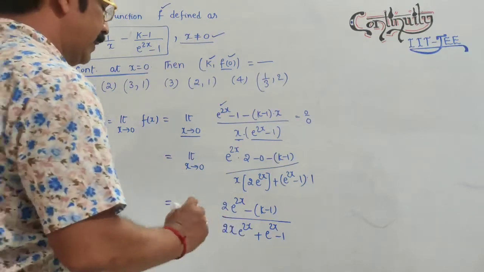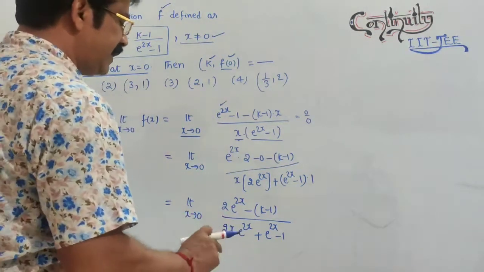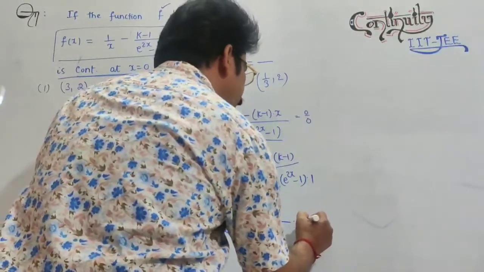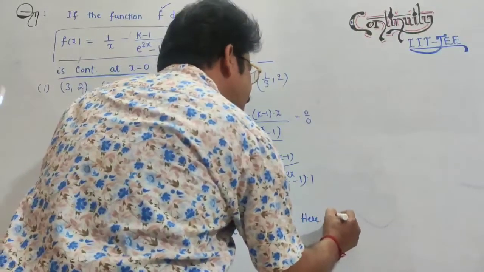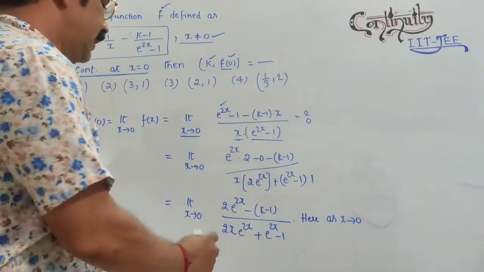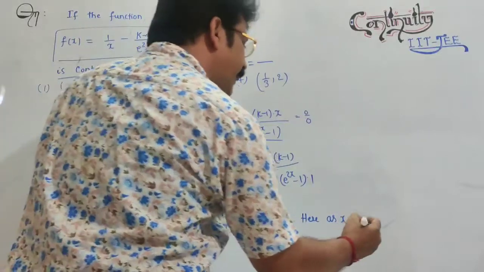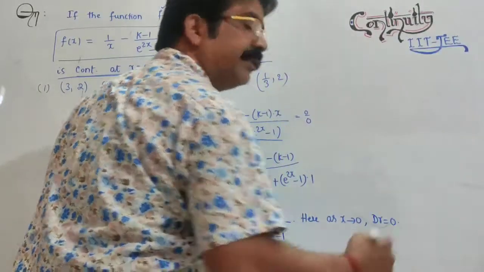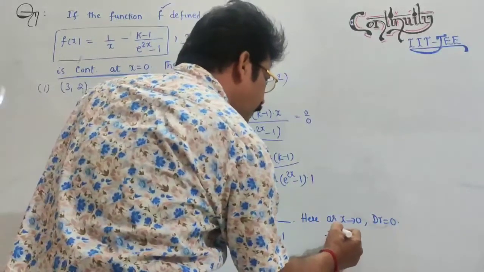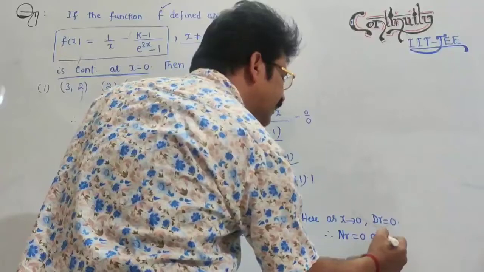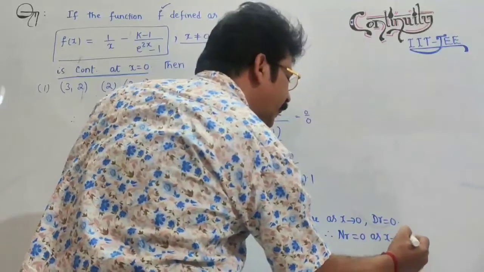Now here we see that as x tends to 0, already I said the logic, the denominator is equal to 0. So therefore the numerator also equal to 0 as x tends to 0.